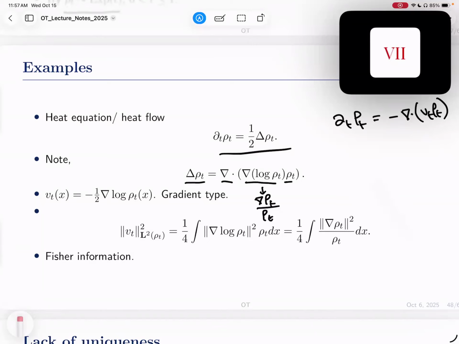So that's my continuity equation. The minus sign is a convention that comes from the particle system. And so if I compare this form with this particular form, you see that if I pick my Vt of x to be minus 1/2 gradient of log rho t of x, then I recover my continuity equation. This continuity equation is of the gradient type. In fact, it's the gradient of the log of rho t.